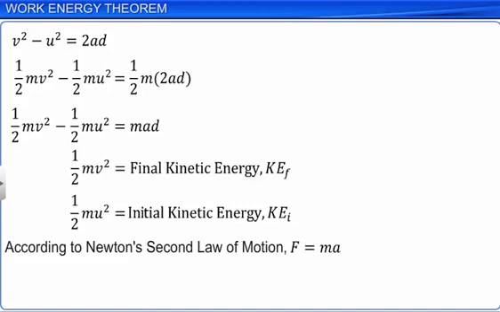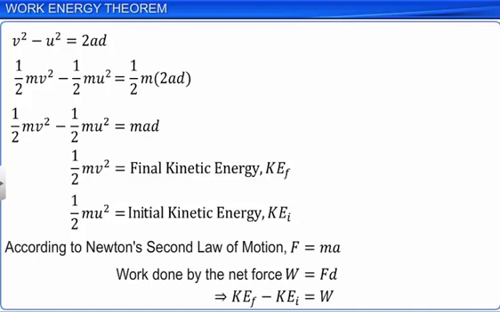According to Newton's second law of motion, ma is the force on the body. We have on the right side product Fd, which is equal to the work done on the body. This proves that the work done by a constant net force is equal to the change in its kinetic energy.